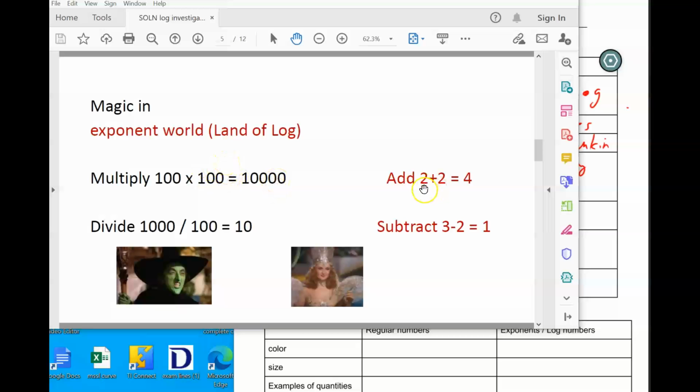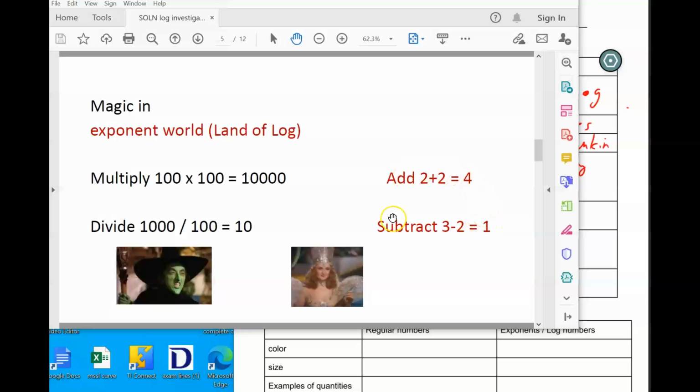So we can add red 2 to red 2 to get red 4, right? And when we divide 1,000 by 100 and get 10, we can think of that as dividing 10 cubed by 10 squared, which gives us 10 to the 1st, which is like subtracting red 3 minus red 2 equals red 1.